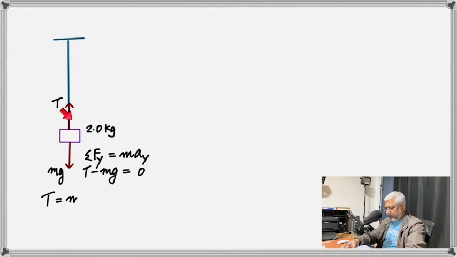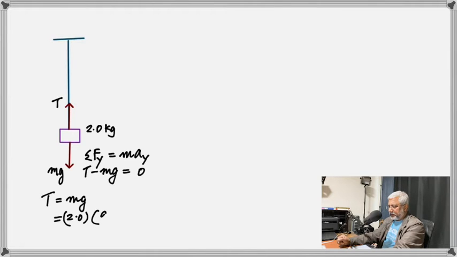And since the acceleration is 0, you're going to get T minus mg is equal to 0, which gives T is equal to mg. So m is 2.0 kilogram, g is 9.8. When you substitute that, you get 19.6 newtons. That is the tension in the string.